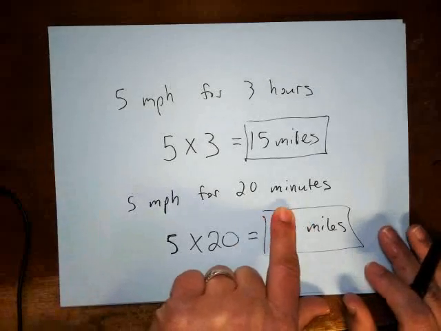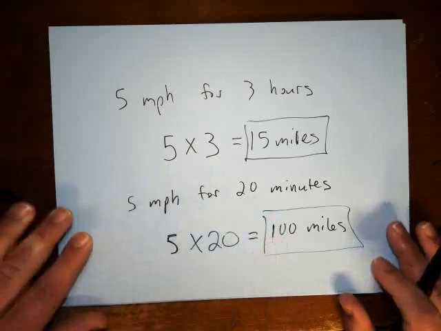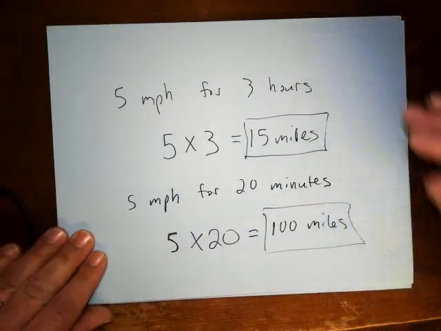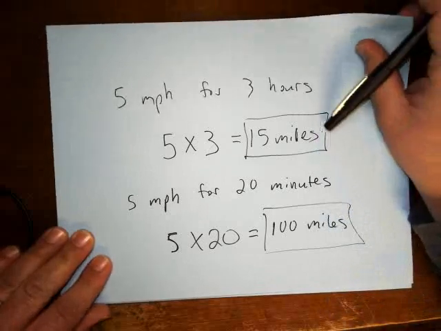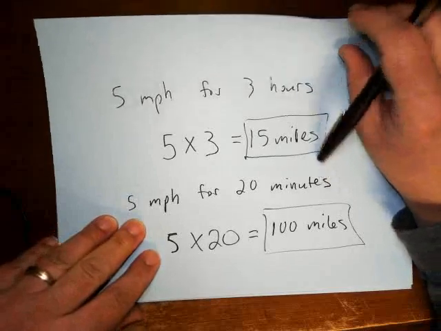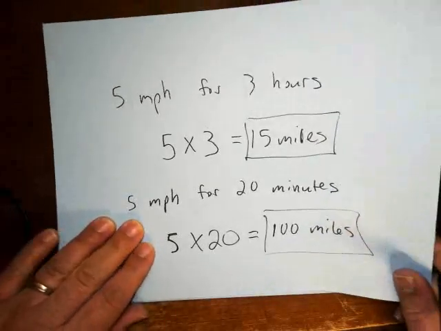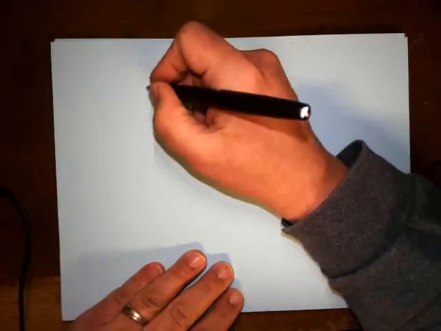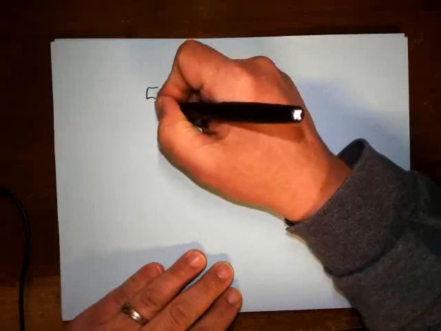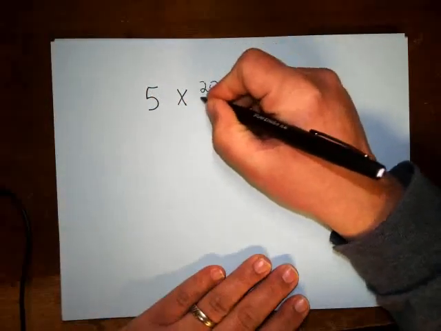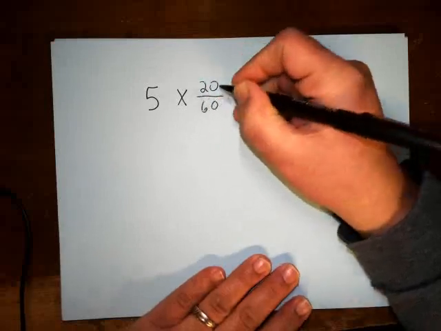This is 5 miles per hour, but I only went for 20 minutes. That's not even a full hour. In fact, 20 minutes is 1/3 of an hour, right? Not an hour, so I'm really taking 5 times 1/3, and I'm going to get a lot less than 100 miles, okay? So one way to make that conversion is to take 5 miles per hour times the 20 minutes divided by 60.